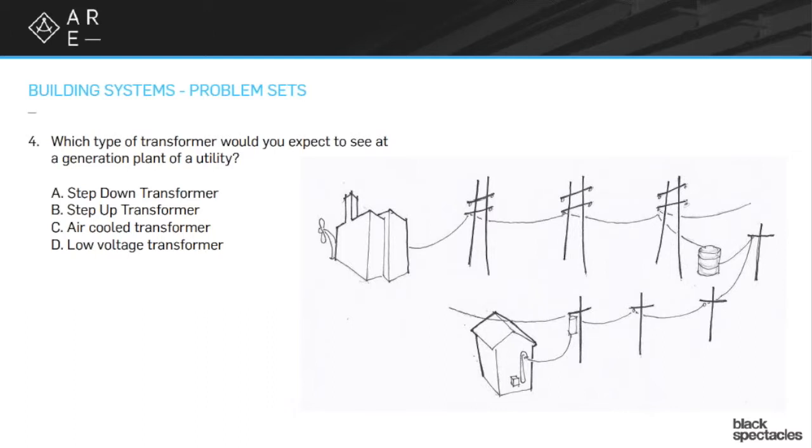So it steps up in order to do the big, long distances, and then it steps down to get distributed, and then it steps down again to get used. Now, in actuality, there might be 10 steps up and then 6 steps down. Every situation is going to be different.